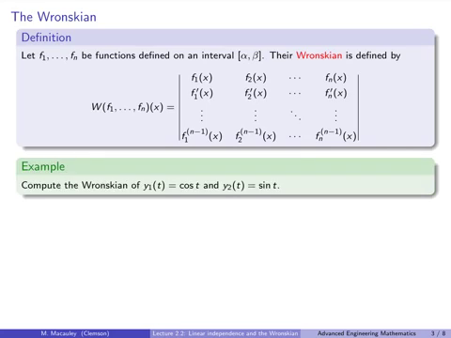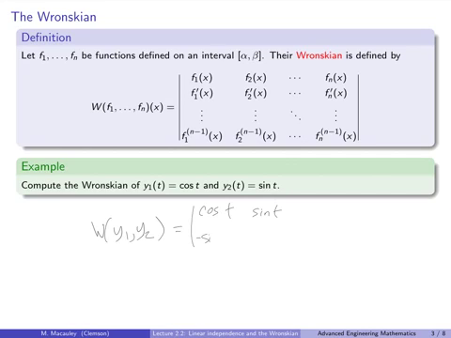Before we say anything more about the Wronskian, let's compute a simple example, just so we get the feel as to what's going on. So here are two functions, cosine of t and sine of t. I hope you agree that these are indeed linearly independent. So the Wronskian of y1 and y2 is, well, let's put the functions in the top row, cosine of t and sine of t, and then let's put their derivatives below them.